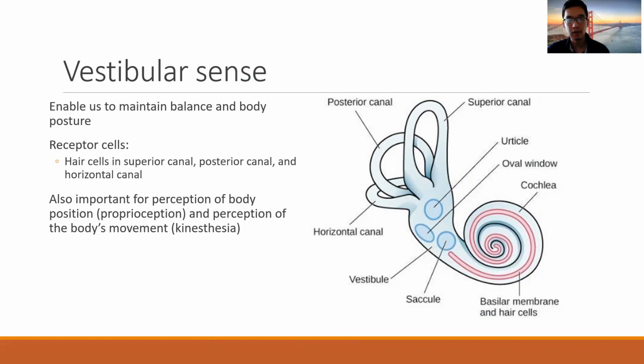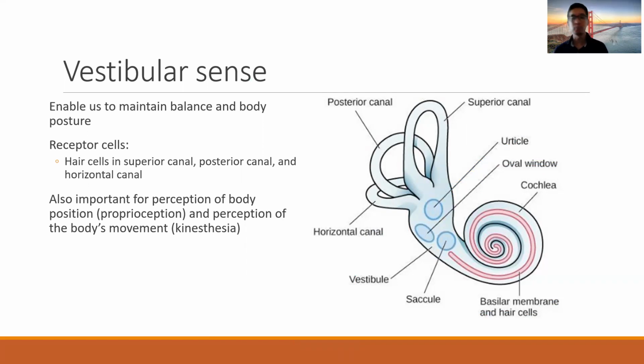So that is very important. With the hair cells in these three canals, we can have a sense of balance. So how does it happen? When our body is moving, right?